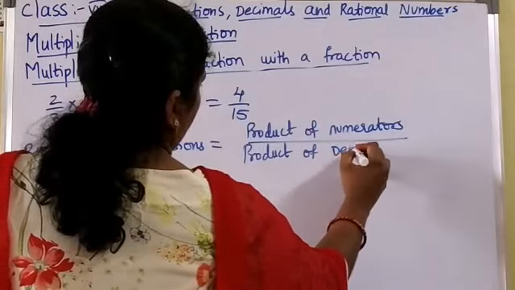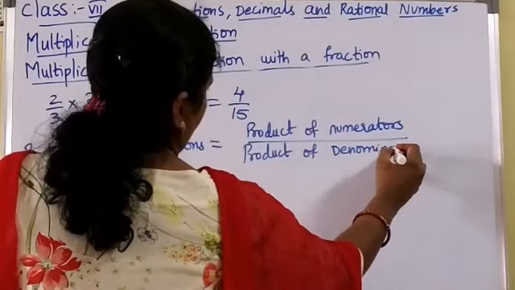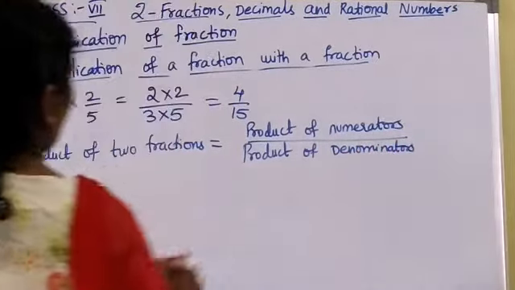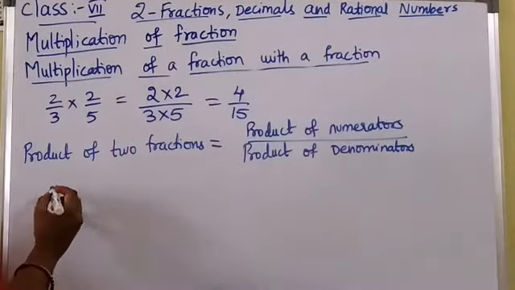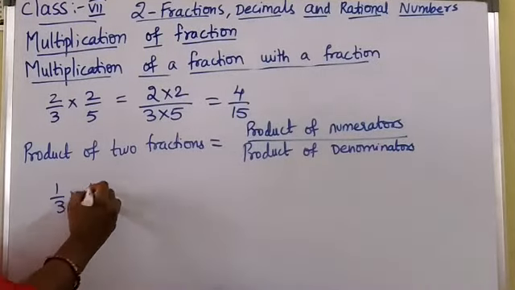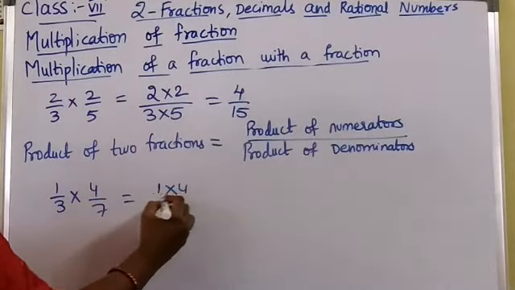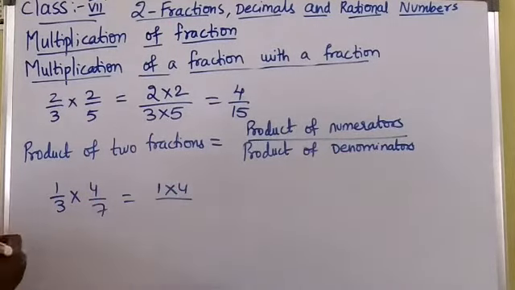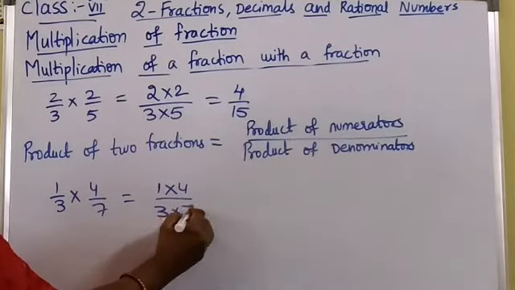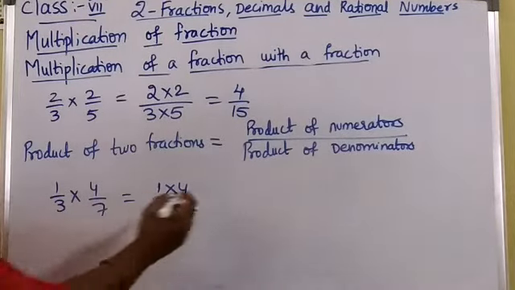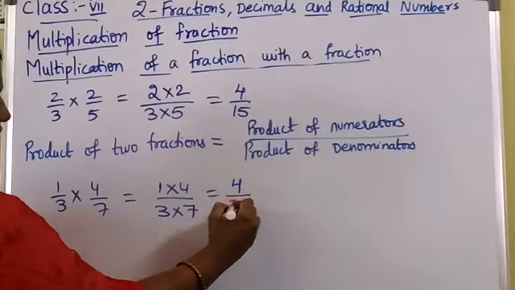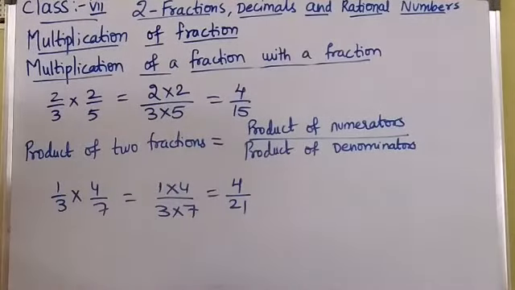Right? One more example I will take. 1 by 3 into 4 by 7. Here how should we write? 1 into 4, product of numerators, and in the denominators, product of denominators. 1 4s are 4 and 3 7s are 21.